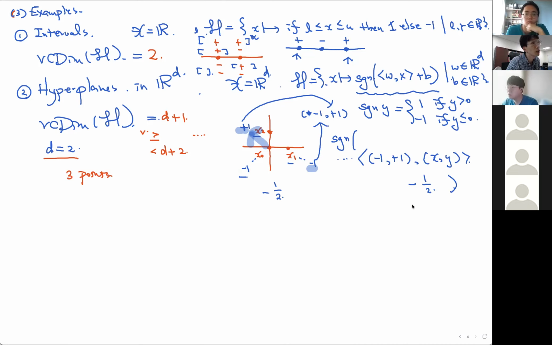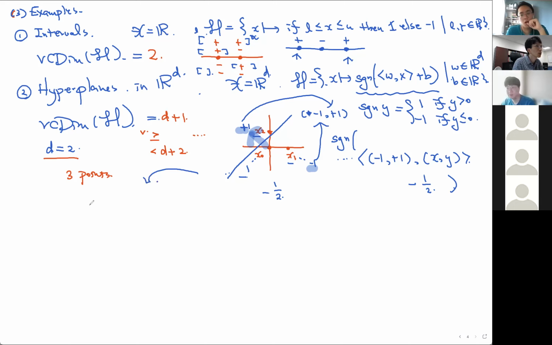This -1 has the effect of moving towards this arrow. We have a line that is perpendicular to the arrow we drew, but because of -1/2, it's moved to the other side. Sorry about this. I thought drawing a picture in 2D would give you an intuition, but it looks like it's not.